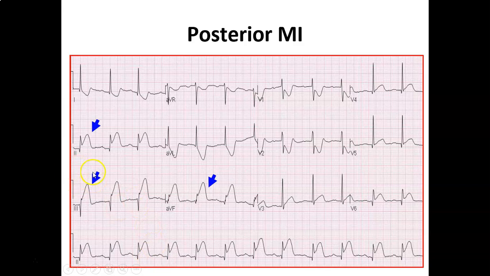So just to see the posterior MI in presence of inferior MI, look at the leads V1 and V2. If you get an R wave in V1 and V2 along with ST segment depression, this is indirect evidence of posterior wall myocardial infarction. If you invert this ECG, this will become ST segment elevation, and it confirms your diagnosis.